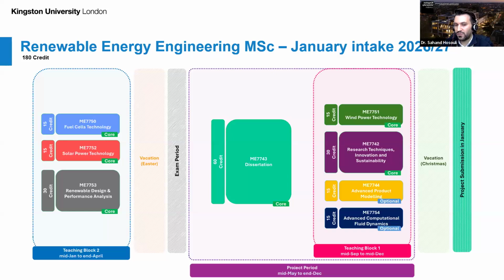You're going to have a chance to pick one of the optional modules: Advanced Product Modeling, looking more at the modeling side, and Advanced CFD, looking at modeling and computational fluid dynamics. Overall, you need to have 180 credits on this course, and that's basically the plan for a compact year if you take the course from January.